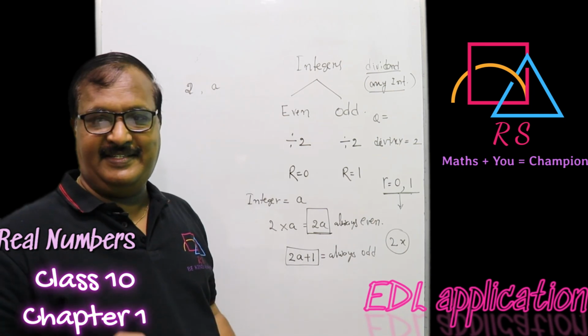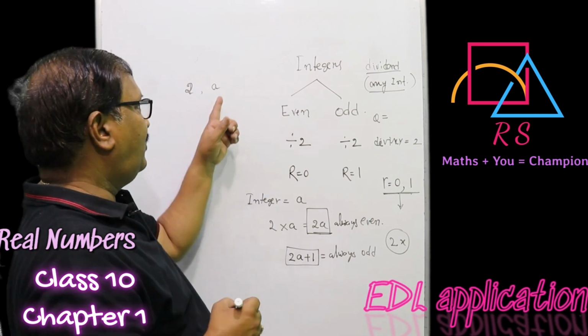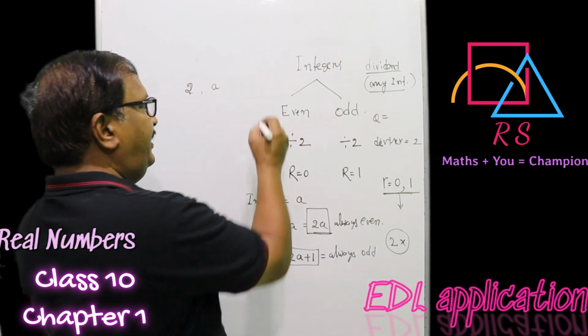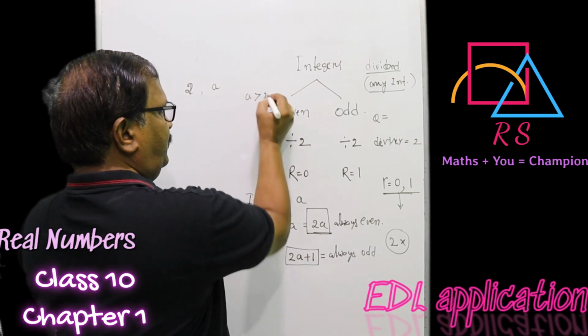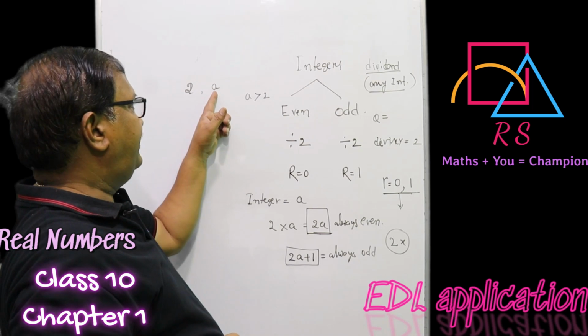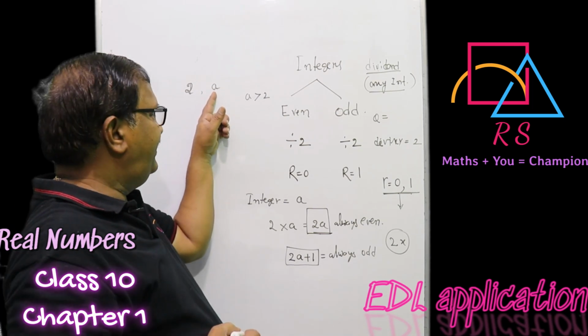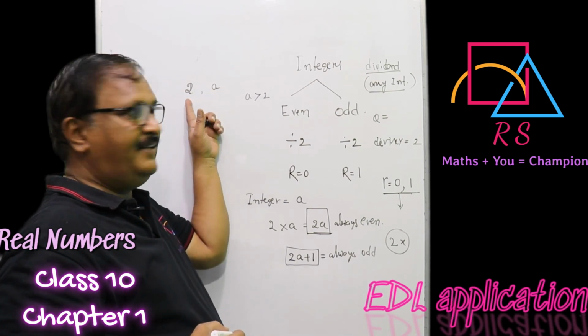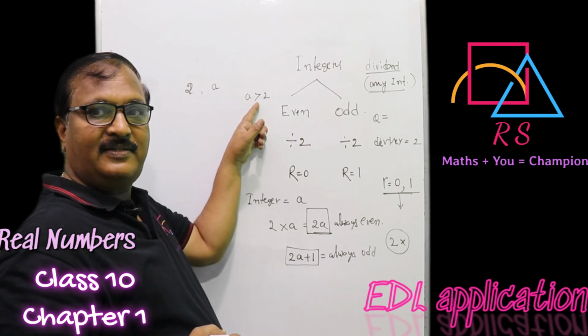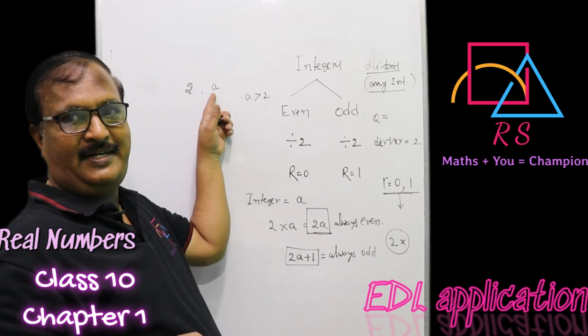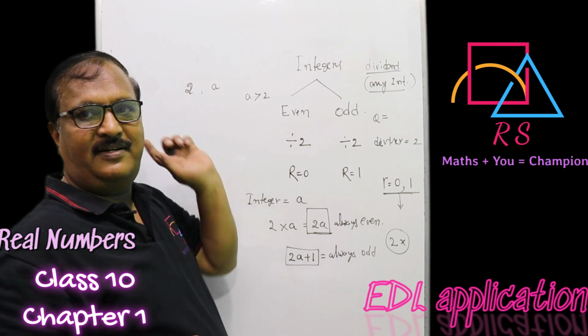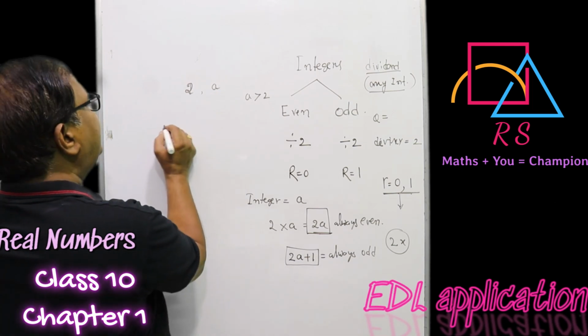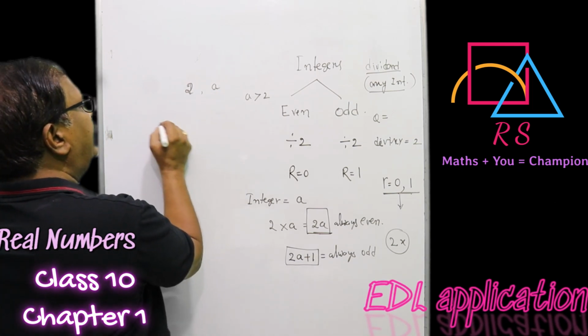A is any integer. And what is the condition for a? A should be greater than 2, because this should be the dividend. Dividend should always be greater than the divisor. That means it should be 3, 4, 5, etc. So then what is the EDL?